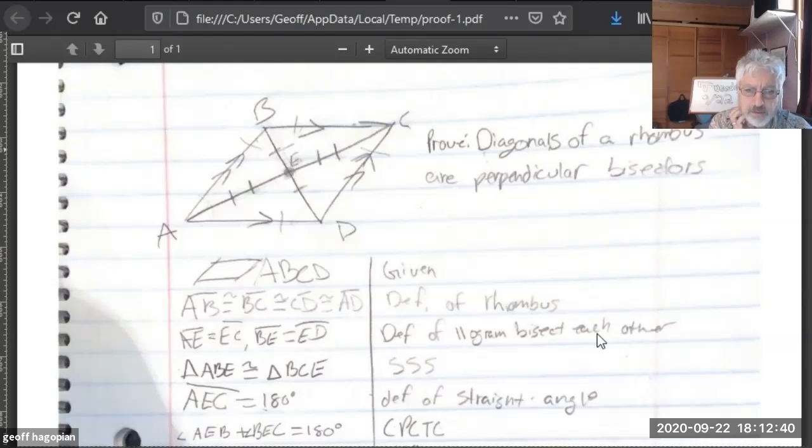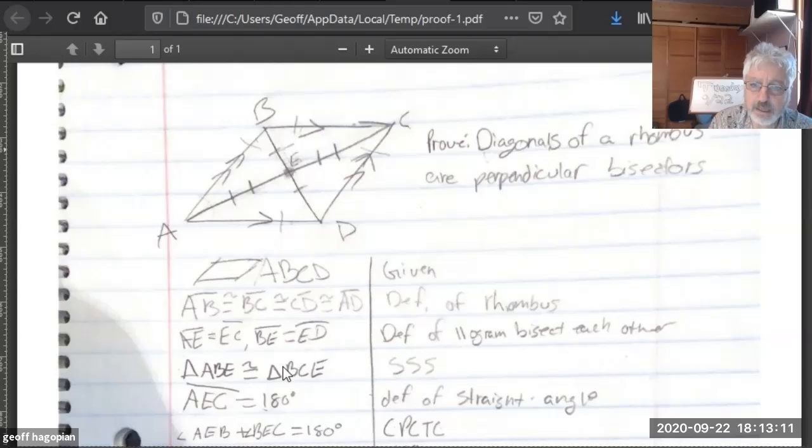It's the definition of bisect together with the proposition or the previously proved theorem, if you like, that the diagonals of a parallelogram bisect each other, right? And so we know that, and we know by the definition of bisect, that means it forms two equal sections. So, I'm not going to ding you for this, but I would word this a little bit differently.